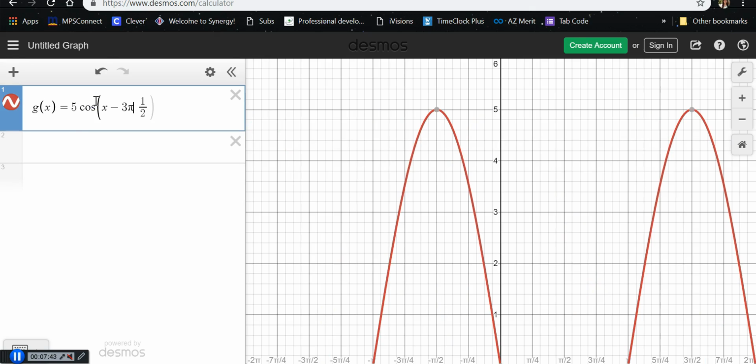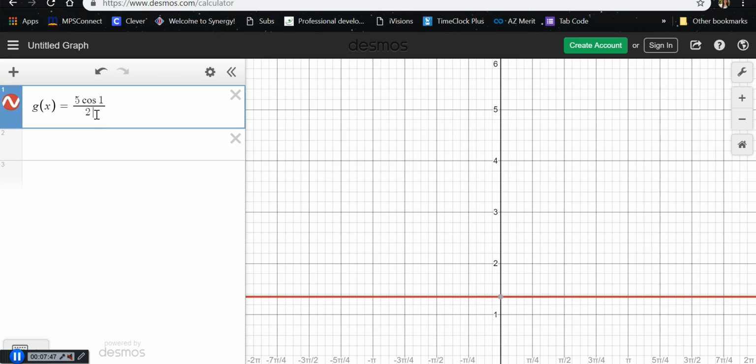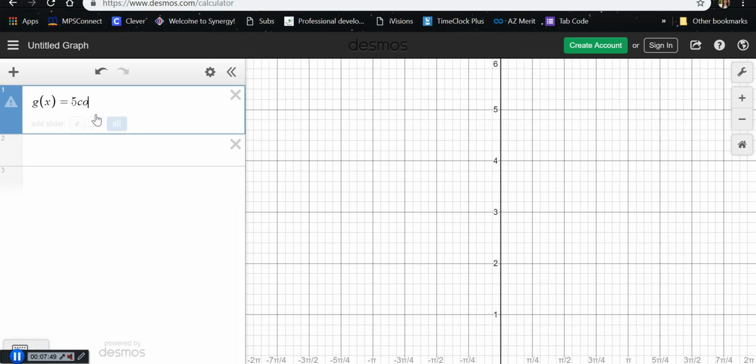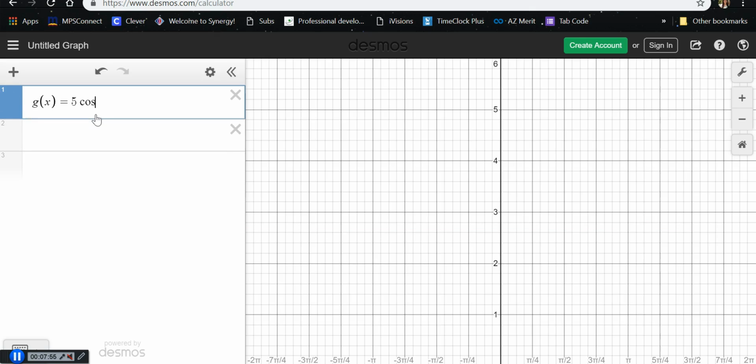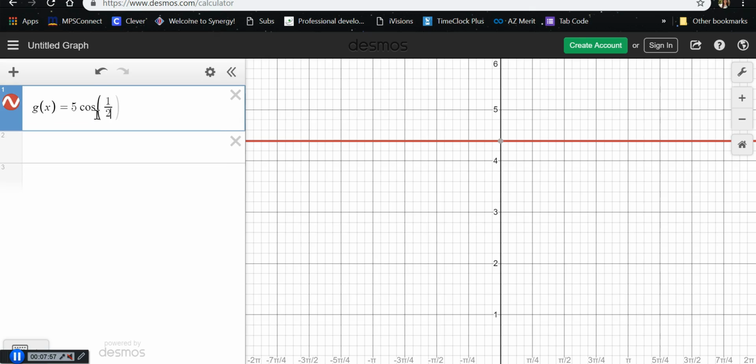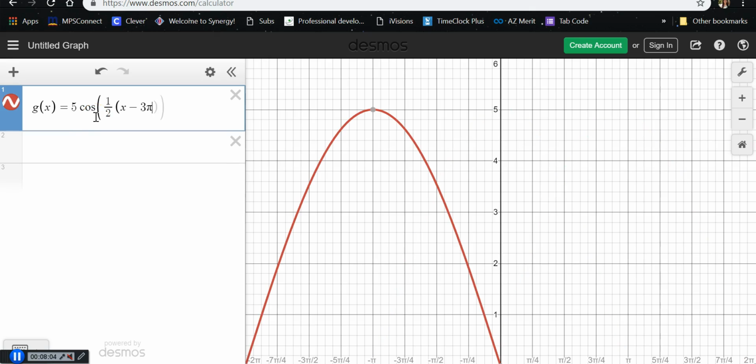Why do you suck, Desmos? Okay, there we go.